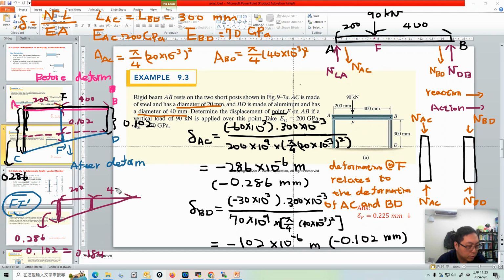Here is 200 and here is 400, so 400 to 600. The deformation at F we don't know yet, so let's call it delta 1.